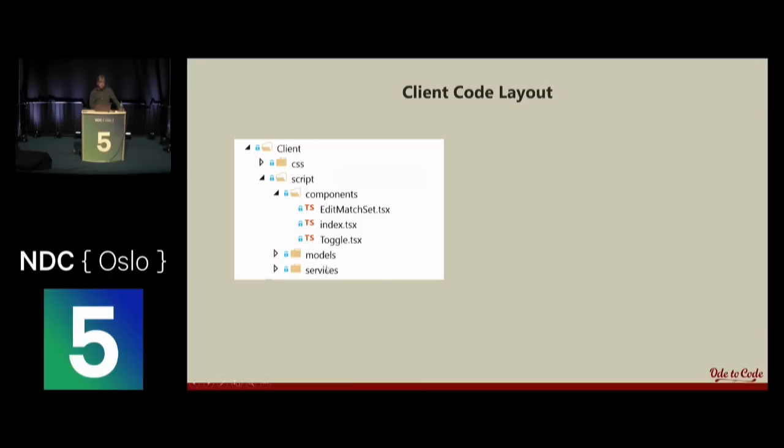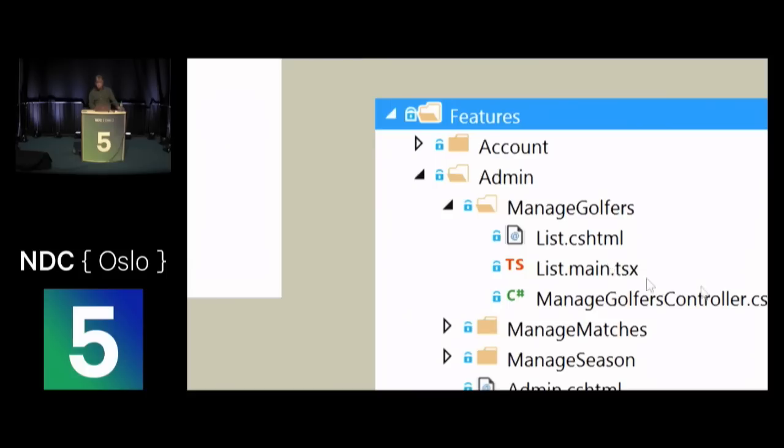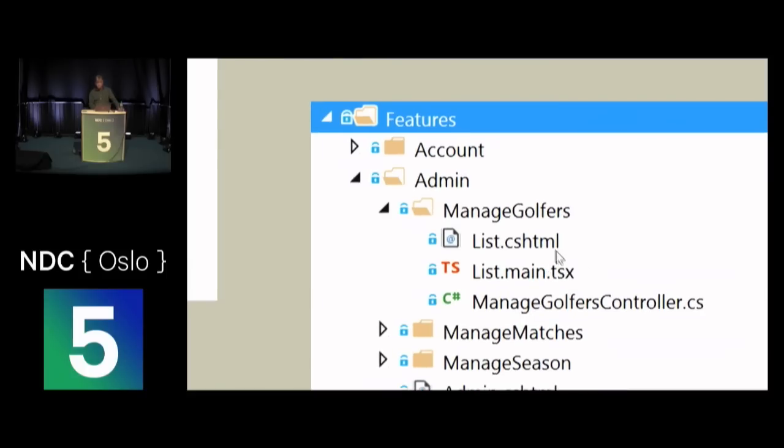So common models, common services, common components that get used throughout the application, like a toggle button. But over here, inside of a feature folder, there's a controller, there's a view that renders some HTML, and there's a component that is specific to that particular feature. So this isn't a SPA. It's one of those applications where you enhance certain pages by adding React components or what have you.